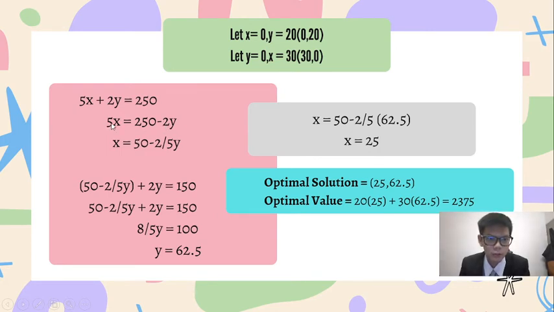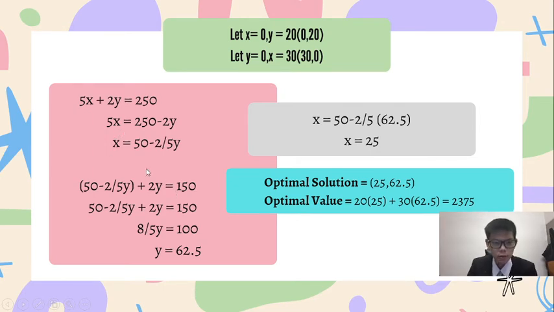And we move 5 to the other side as well. So 250 divided by 5 will get 50, and 2 divided by 5 will remain 2 over 5, or you can write 0.4 also. So this is the value of x.